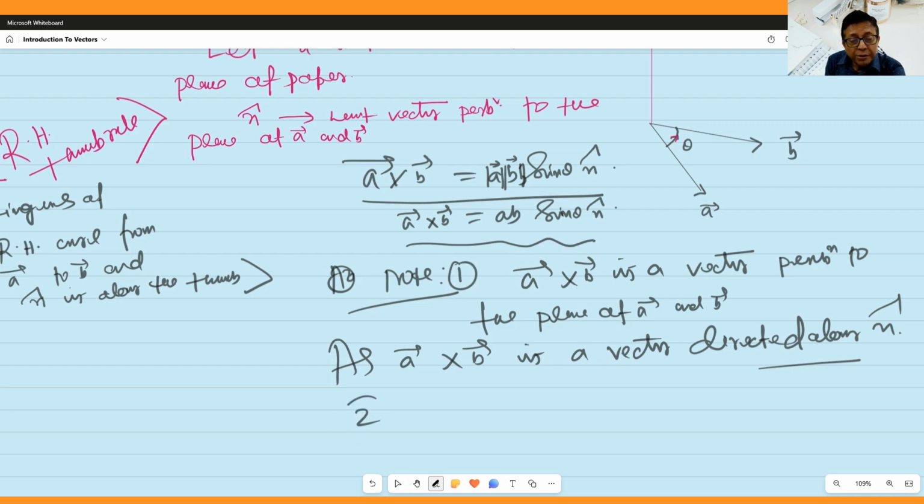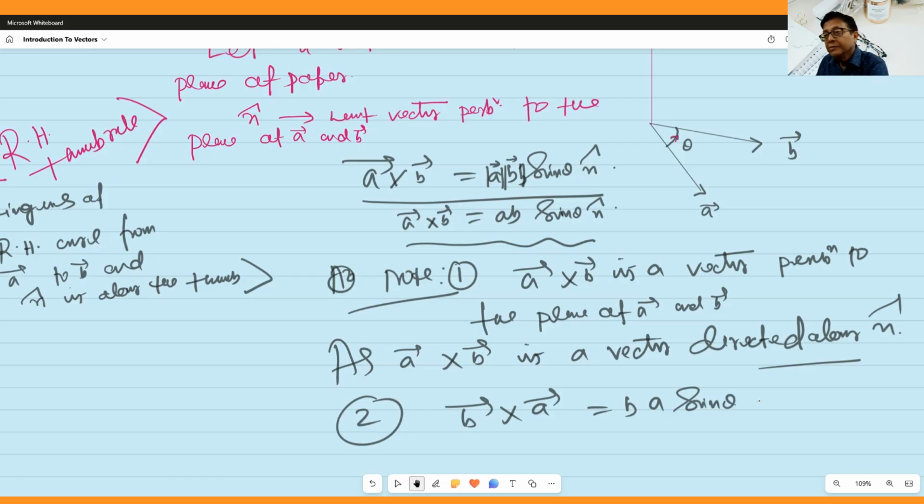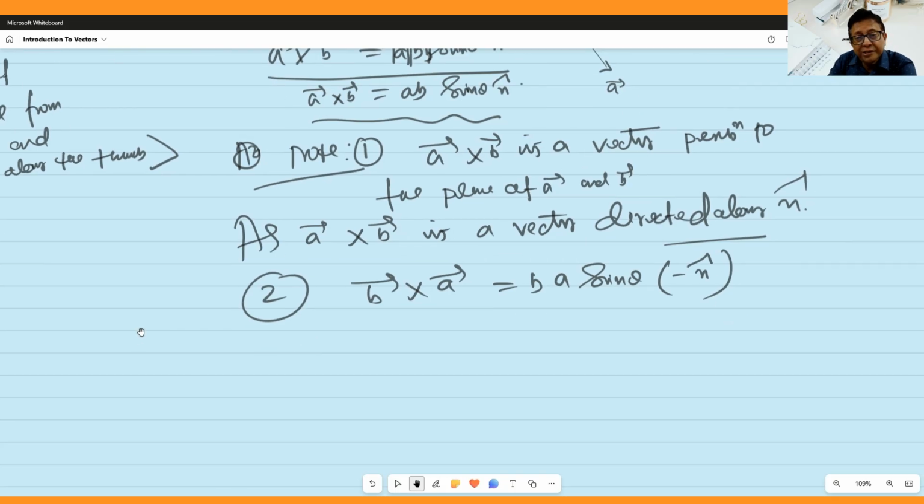Number two, if you take B cross A, then what will you get? B cross A will be BA sin theta. You curl the fingers of your right hand from B to A vector. Then the thumb will be the direction of n cap. But here, n cap is fixed. So this will be the direction of minus n cap. It's alright. So this is coming to be minus AB sin theta n cap.